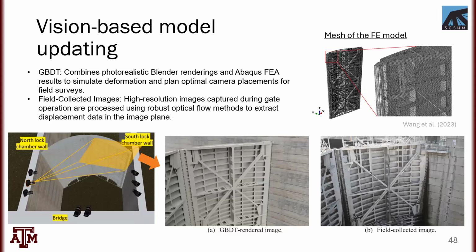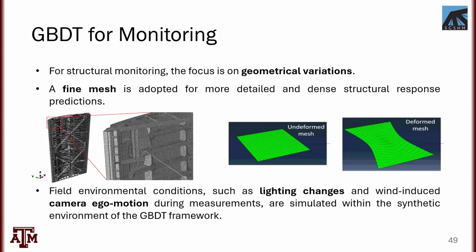So here are just some additional images from the perspective angle of view. You're looking at your rendered image, you're looking at your field collected image. The finite element environment is being shown here. The graphics space model is very good at simulating all the geometric variations from finite element modeling.